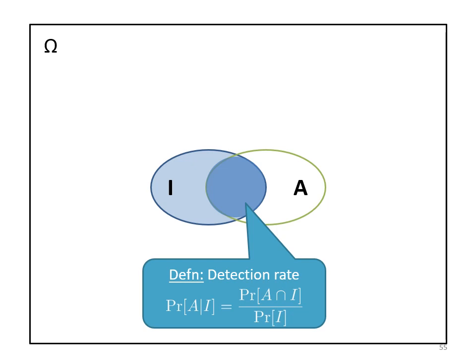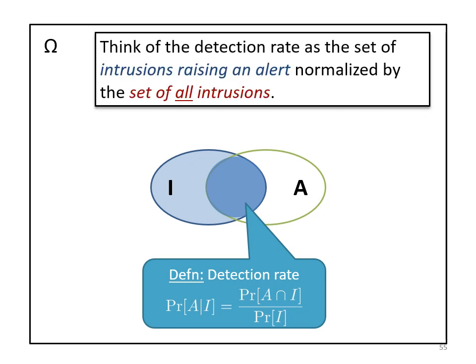We would like to detect all the intrusions here. So graphically, what this shows us is, of the intrusions, this I, what fraction of them are in that true positive space. So far, so good? Okay. Yeah, these are the intrusions that raise an alert.